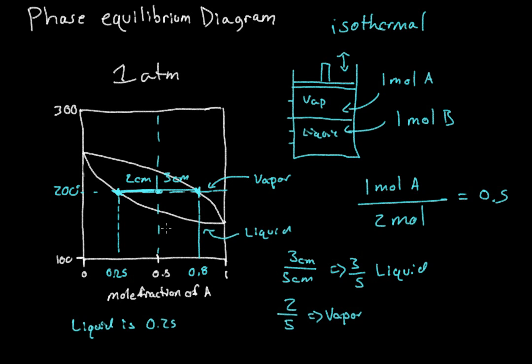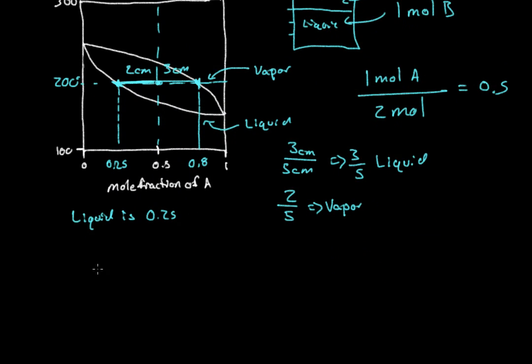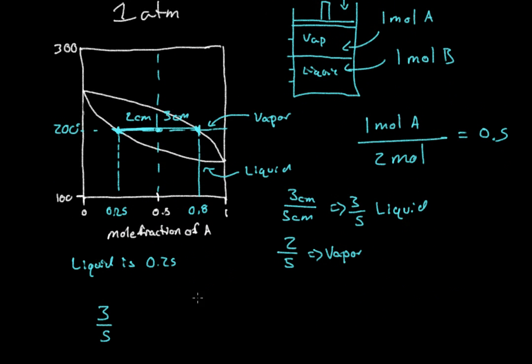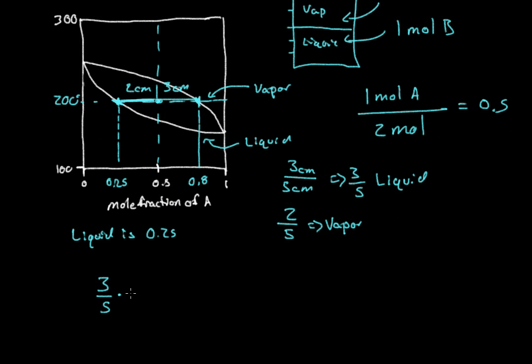So how do we find out the actual moles in liquid inside this cylinder? Well, we know that it's 3/5 liquid, and there's a total of 2 moles. So it's 3/5 liquid times 2 moles, and that is then times 0.25 moles of A over the total moles of the system.